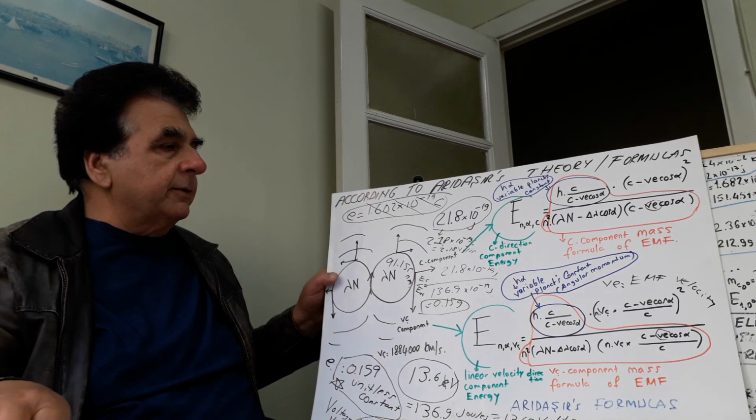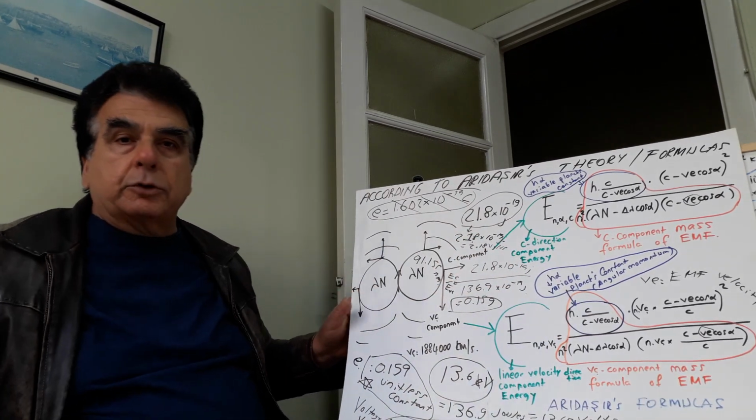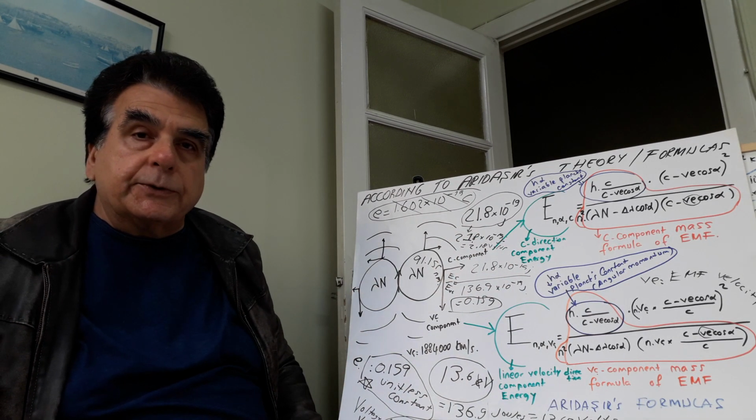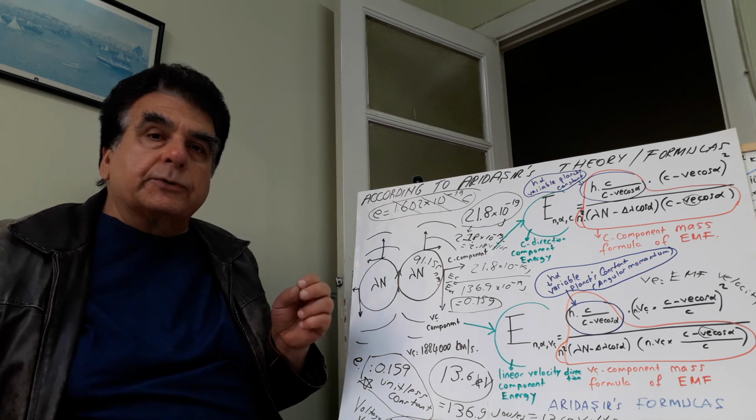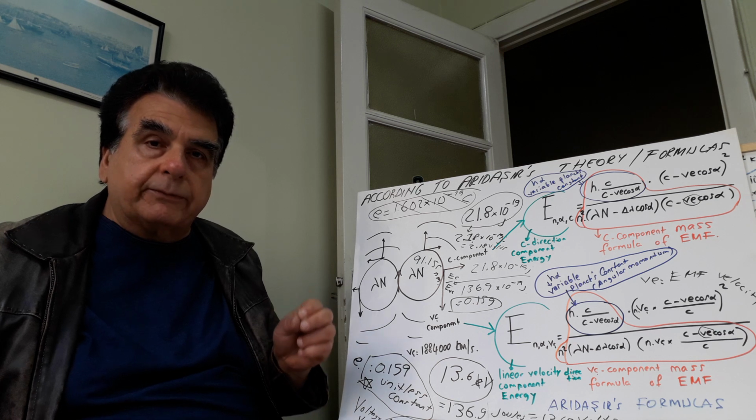As I told you before, the unique light source in our universe is electron motion form.